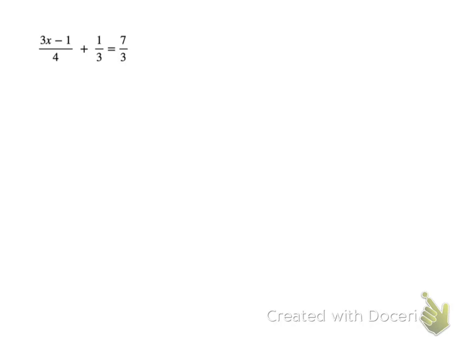So do you remember a property that says if I multiply this fraction by the denominator, I can cancel those out? Does that look familiar? Say no if it doesn't, or shake your head no. Okay, that is the property that we are going to use to get rid of fractions.